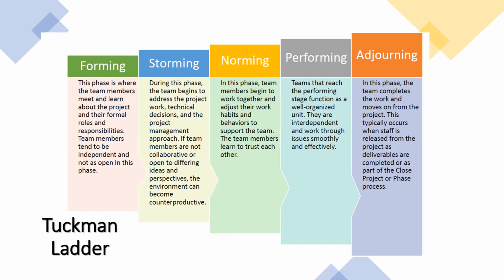If the team members are not collaborative or open to differing ideas and perspectives, the environment can become what? Counterproductive. It means at this point, a bit of what? Friction begins to start. Let's move to the next one, norming. In the norming phase, team members begin to work together and adjust their work, habits, and behaviors to support the team.